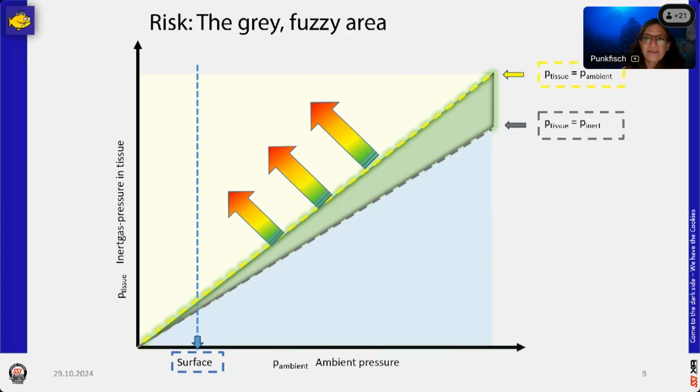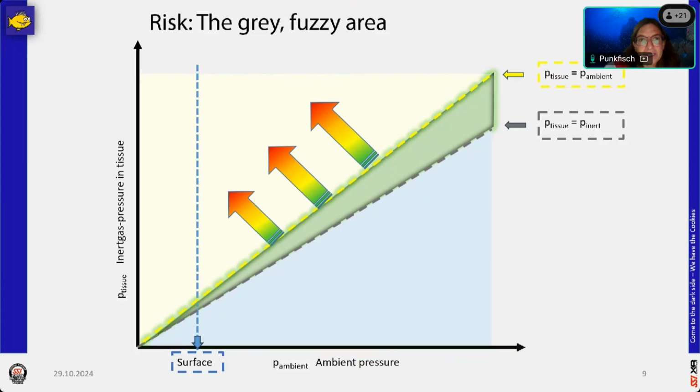The problem is, there is not one specific point where you can say, okay, if this tissue reaches exactly this oversaturation or this supersaturation, there will be bubbles. Or if this tissue reaches a certain supersaturation, you will get DCS, you will get bent.